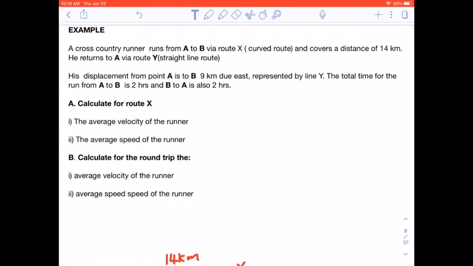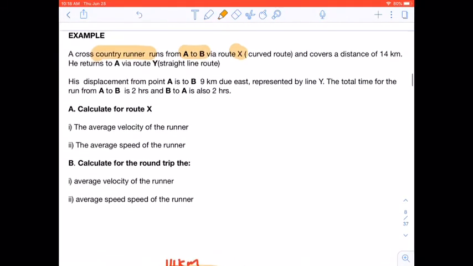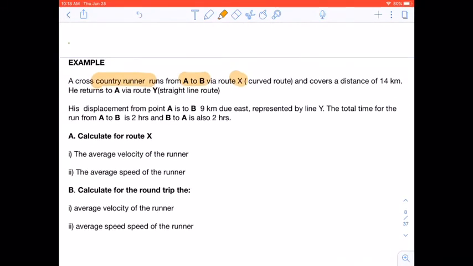Okay. Now let's look at this example. A cross-country runner runs from A to B via route X. So he runs via route X to B along the curved route and covers a distance of 14 kilometers. He returns to A via route Y, the straight line route.